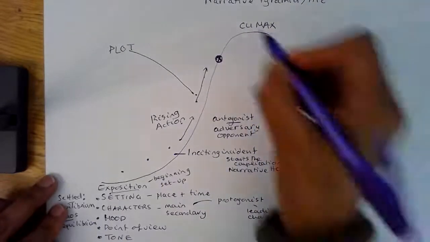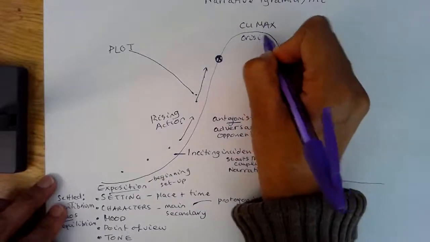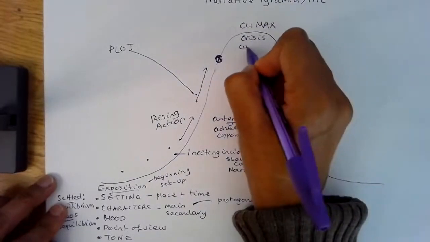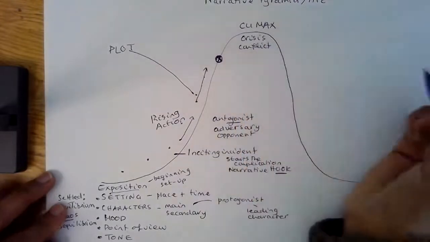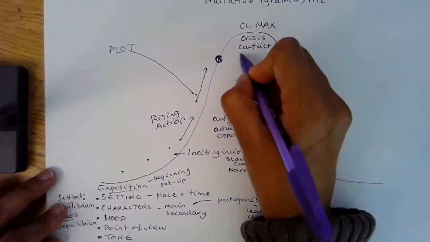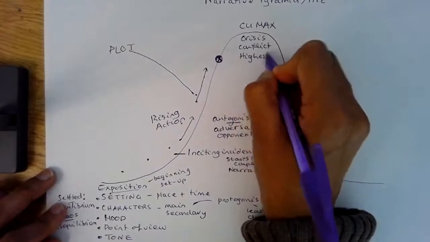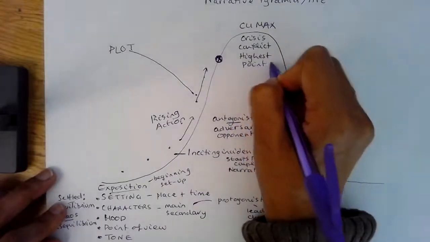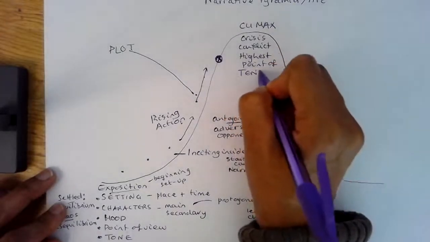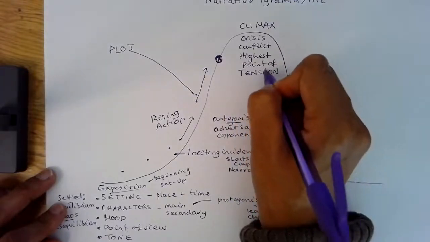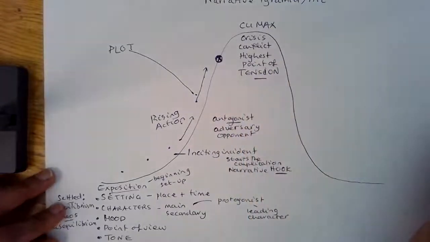Here is the crisis, conflict, and the dilemma is at its highest point of tension. The character realizes he or she must make a choice and decide how to solve the problem. The showdown is coming as the character makes his or her decision.